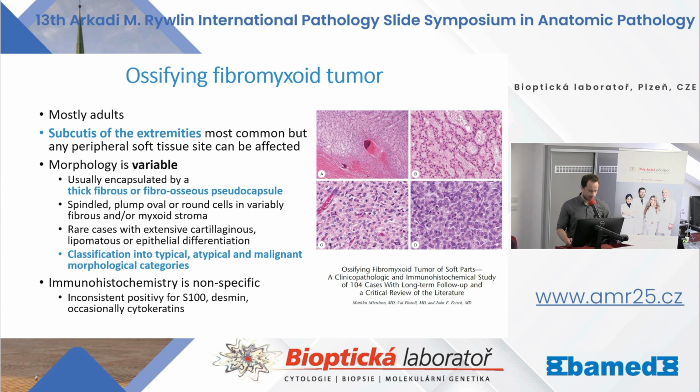But more or less common features, still encountered in a significant percentage of cases, are extensive cartilaginous, lipomatous, or osteogenic differentiation, as we saw, osteosarcomatous differentiation, as we saw in our case. And there are cases described and molecularly confirmed with clear-cut epithelial differentiation. There are cases that look like adenocarcinoma, basically. They are positive for cytokeratins, they create glands.